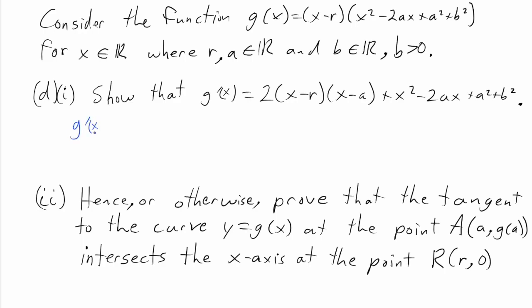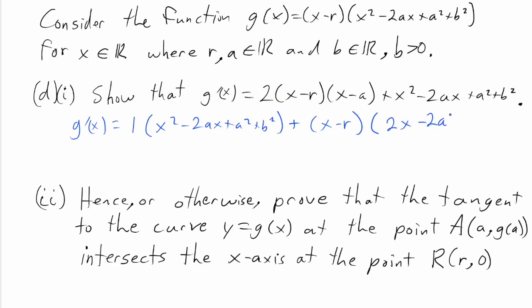So g prime of x is going to be equal to, now the derivative of that is just 1 times this unchanged, plus, so we're using product rule here, we're going to have x minus r, and the derivative here is 2x minus 2a.